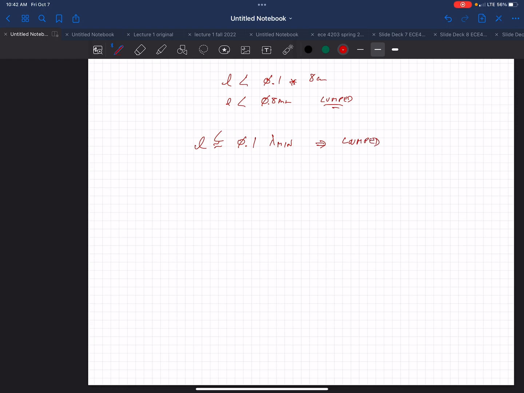If L is greater than or equal to, again, rule of thumb, 40 times C times the rise time, you do a transmission line.